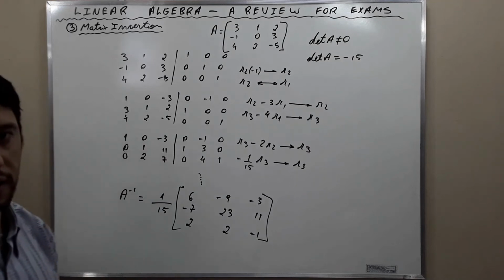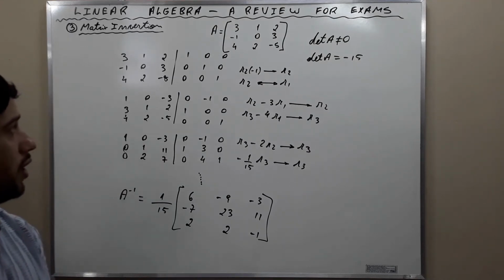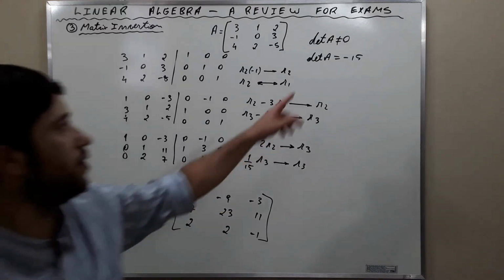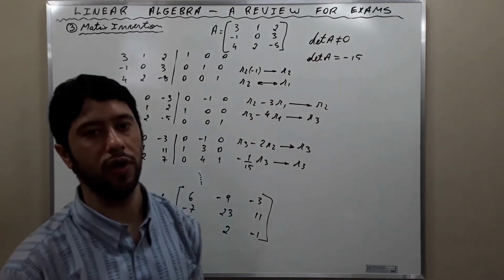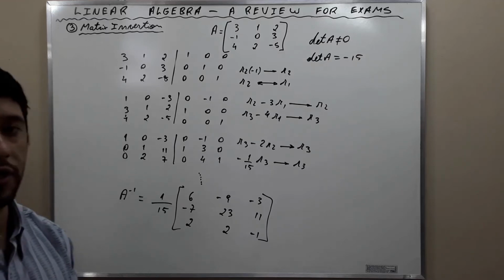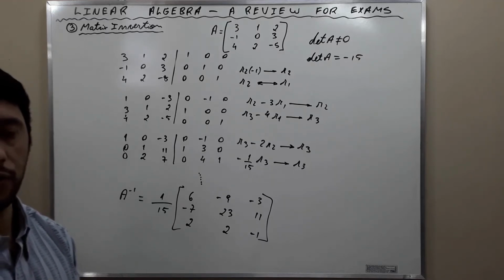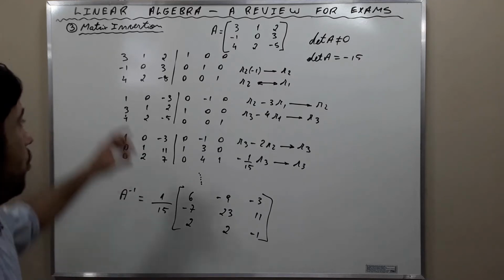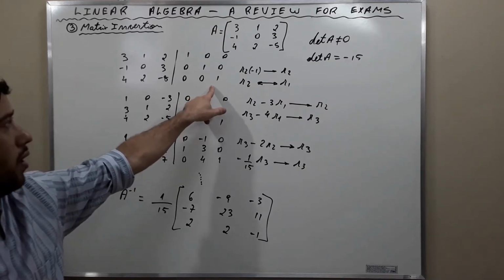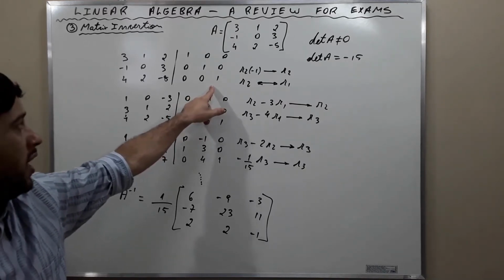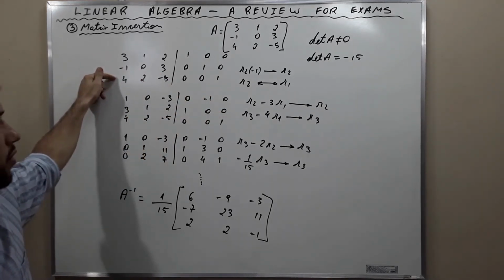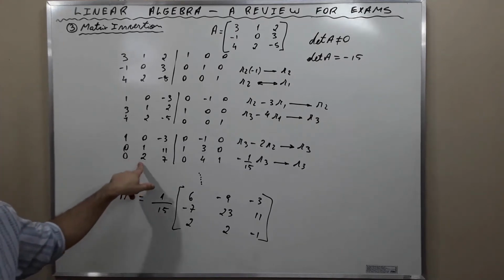The idea behind the matrix inversion is to firstly understand whether the matrix is invertible or not. If the matrix has a non-zero determinant, it is invertible, otherwise it is not. Provided that the matrix is invertible, we are going to put it in this form here, with the identity matrix at the right side, and we are going to operate on the rows of the original matrix until we make the identity matrix appear here.